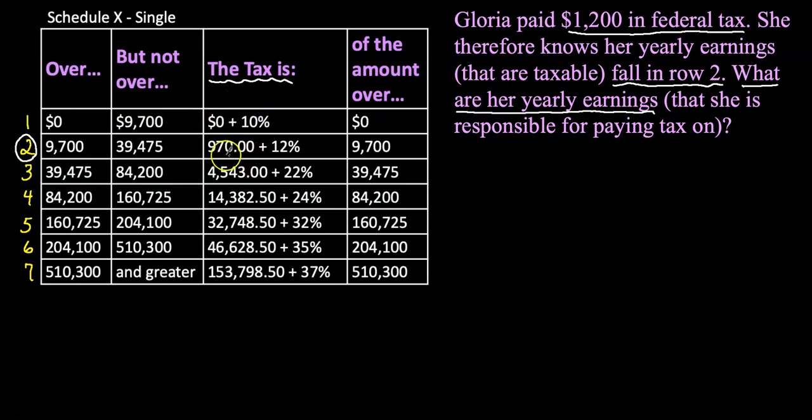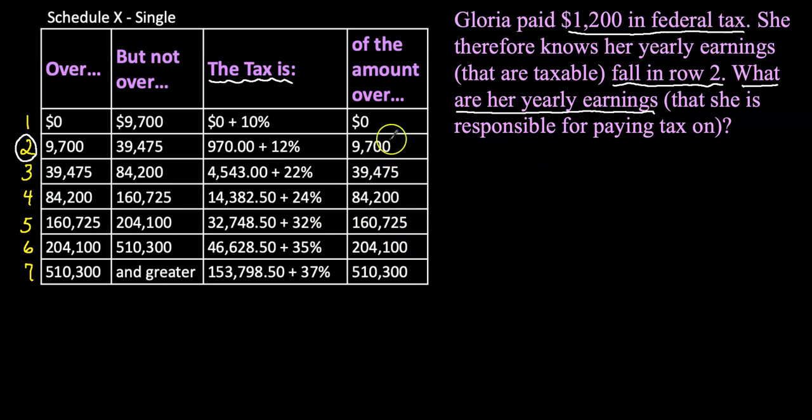Now, if the tax that she paid is $970 or more, however, less than $4,543, she'll be in row 2. That's how she figured it out, because she paid $1,200 in federal tax, and that's greater than $970, but less than this number here, so she's going to be in row 2. That's a little tricky. I wanted to go over that in case the row's not given to you.